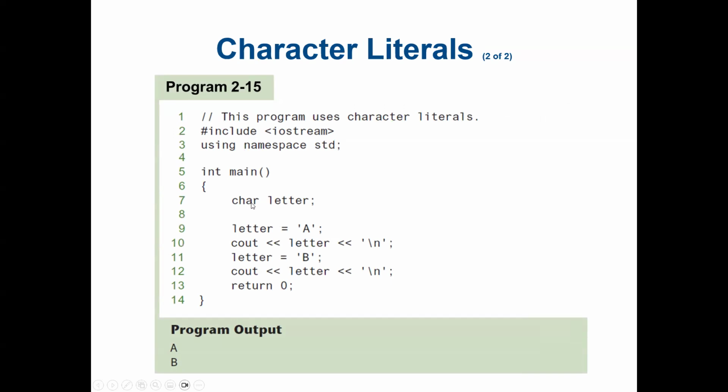Again, here we declare a variable named letter, data type is char, and we assign the character uppercase A to letter, and that's our character literal. Next, we print the content of the letter variable, which is A. Then we assign B to letter, which is going to overwrite the previous content A. So when we print it, we are going to print B the second time. So the output will be A and B.